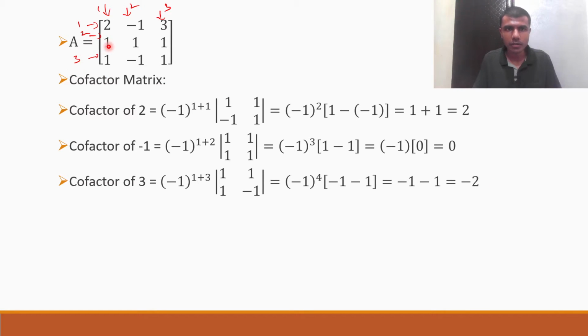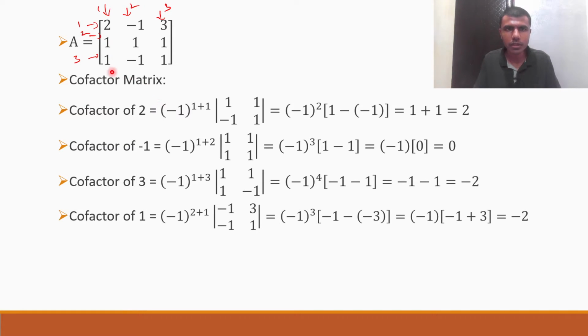Again, now cofactor of this. From here on it will be a little tricky, guys. Listen to me carefully. Cofactor of this one: the position of this one is second row first column. So minus 1 power 2 plus 1 into det of. Listen carefully. Cut off the row and column in which this one is there. What is pending?